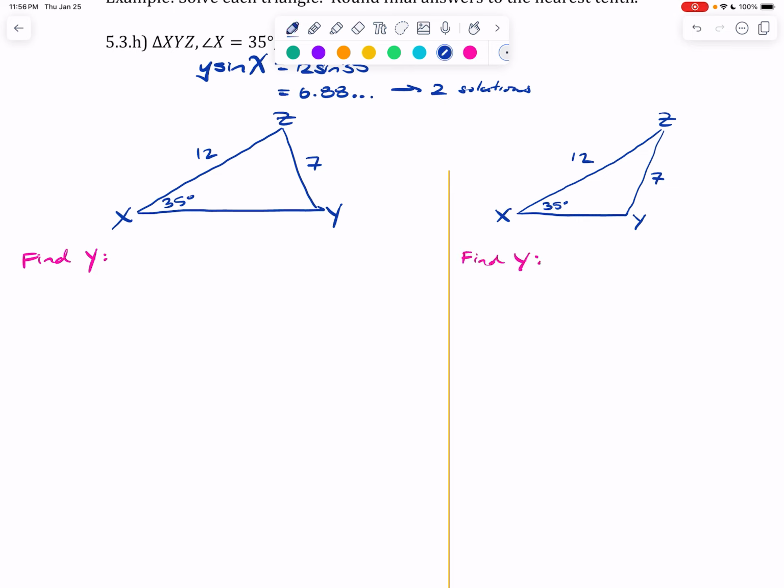One of those cases, on the left side over here, is done just by using the sine law. We know A over sine A is B over sine B, all that jazz. So phrasing it for this particular case, I'm going to say sine y over y is sine x over x. Thus telling me that sine y is y sine x, 12 sine 35 degrees over x, which is 7.